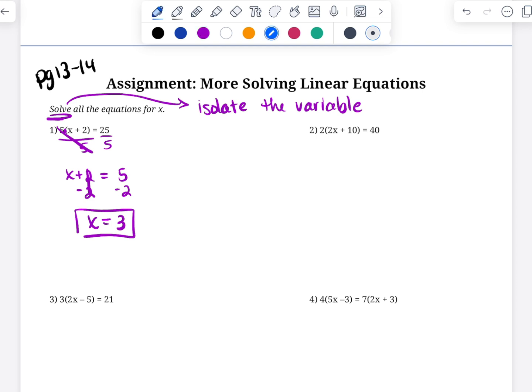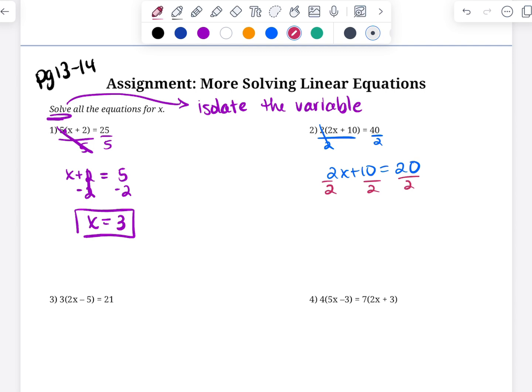So that's why we're moving all the numbers and leaving the x all by itself. So in problem number 2, I'm going to do something very similar. And I'm going to be left with 2x plus 10 equals 20 because I'm dividing both sides by 2. And then I'm going to notice that 2, 10, and 20 are all even. So you could go the route of dividing everything by 2. You can't do that all the time, okay?